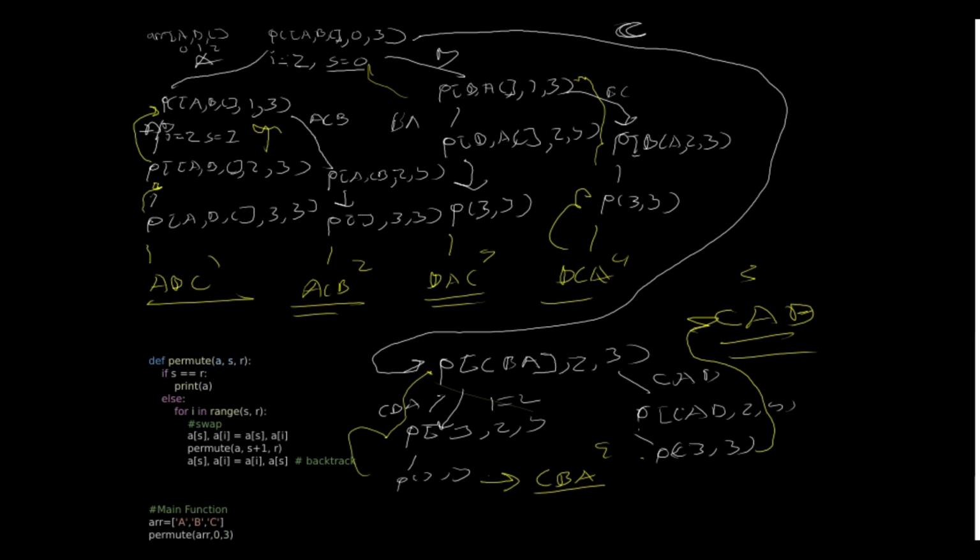This is what we call backtracking. We kept going through all possible solutions, and we brute forced the solution to get all possible permutations for the array ABC. And that's how you do backtracking and permutations. I hope you guys enjoyed this video.